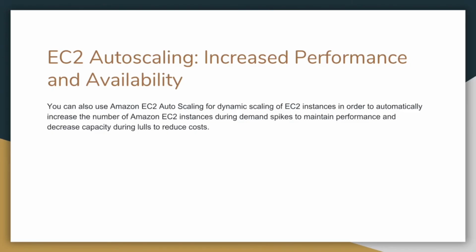Let's look at fact number 19. You have to know about EC2 Auto Scaling. With Auto Scaling, you can automatically increase the number of EC2 instances when the demand spikes and maintain the performance, and also decrease the capacity of EC2 instances when the demand goes down to reduce costs.